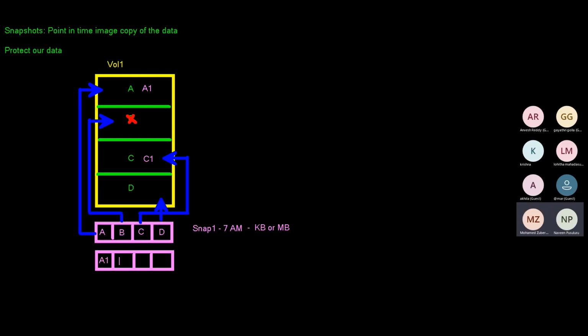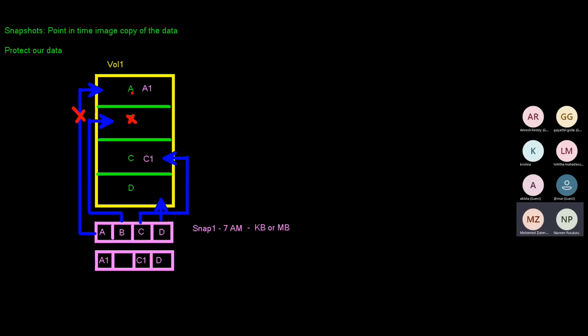Now A got changed to A1, and I don't have B, I have deleted B, and C also changed from C to C1. D remains unchanged. And one more thing: I have modified A and now it became A1, so the pointers to the first snapshot will be deleted.